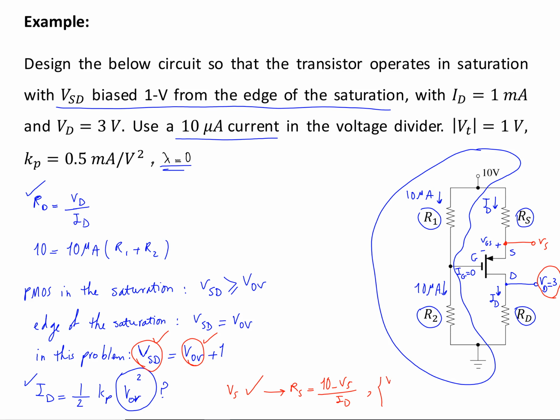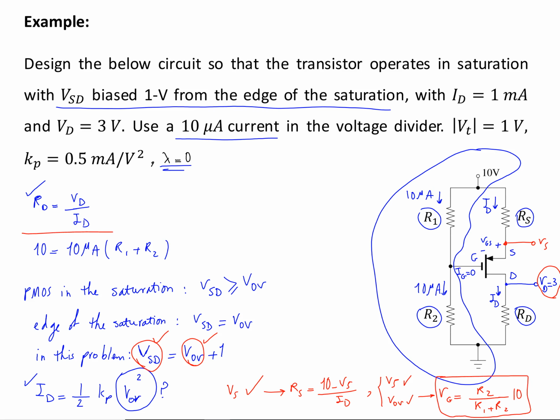I have Vs, I have V overdrive. From there I can get the value of Vg, and if I have the gate voltage, because it is equal to R2 divided by R1 plus R2 multiplied by 10 volts, then I'm going to have an equation for R1 and R2.